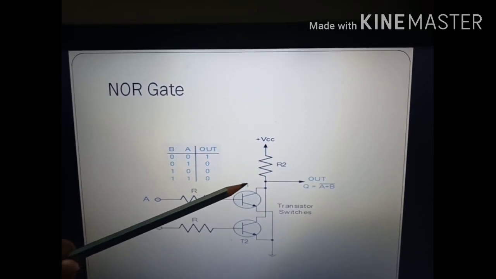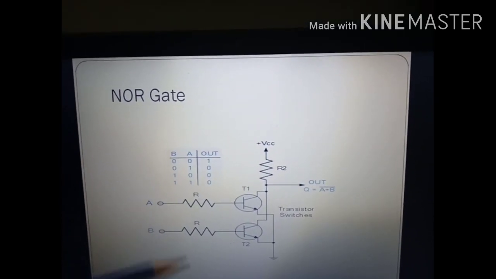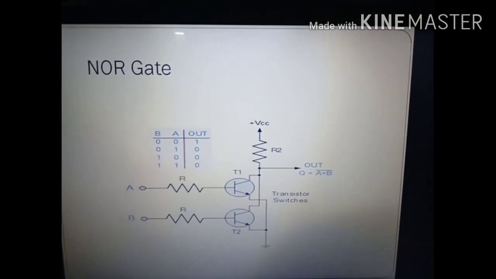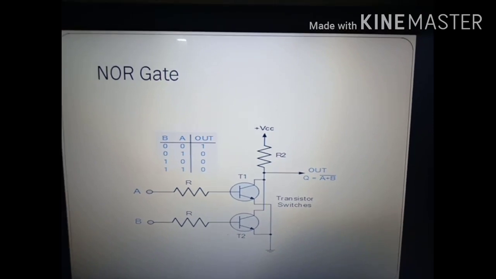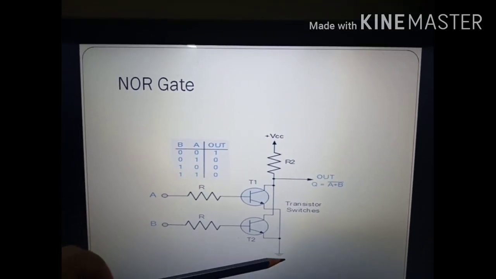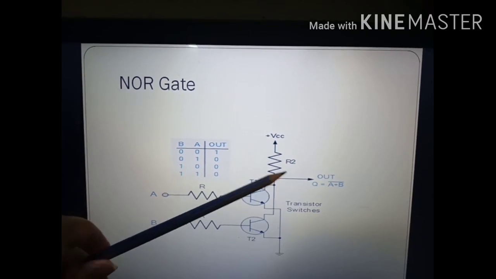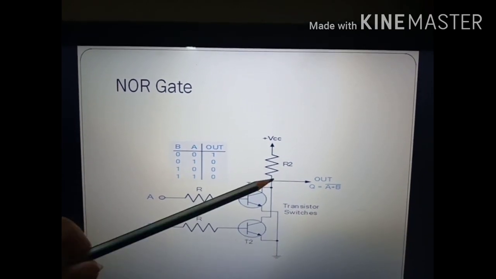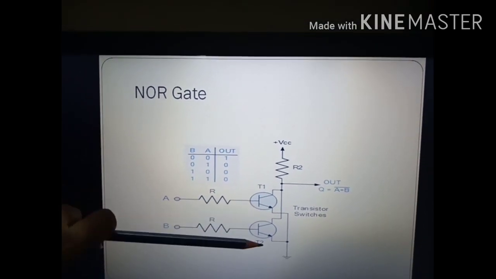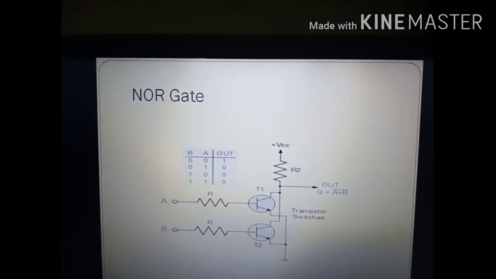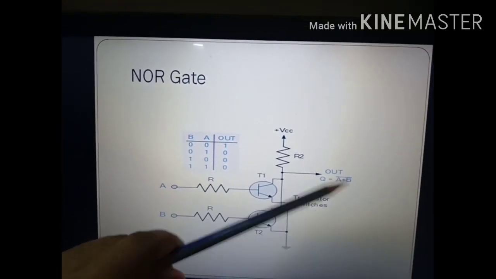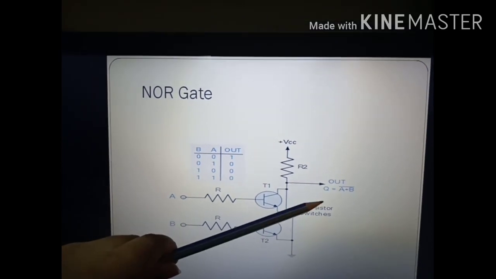As we know that the equivalent resistance of the transistor is very much negligible, the 0 volt of the ground point will reflect here. The potential difference between this point and this point remains same, as the resistance of these transistors is very much negligible. So 0 volt will reflect here, so we can get 0 output.